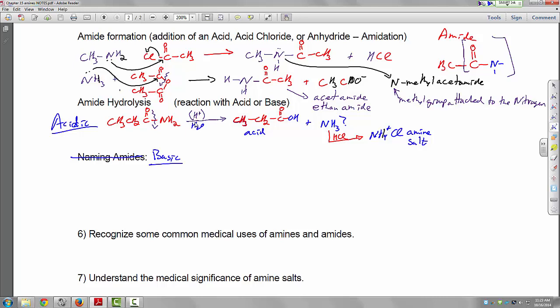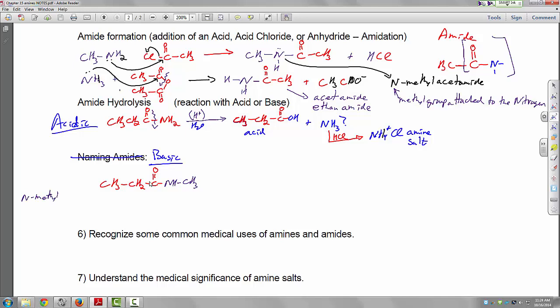what happens? Let's make it a slightly different compound. Okay, so this would be N-methyl, right? We have a methyl group attached to the nitrogen, so N-methyl, and then 1, 2, 3, this was propanoic acid, so propanamide.